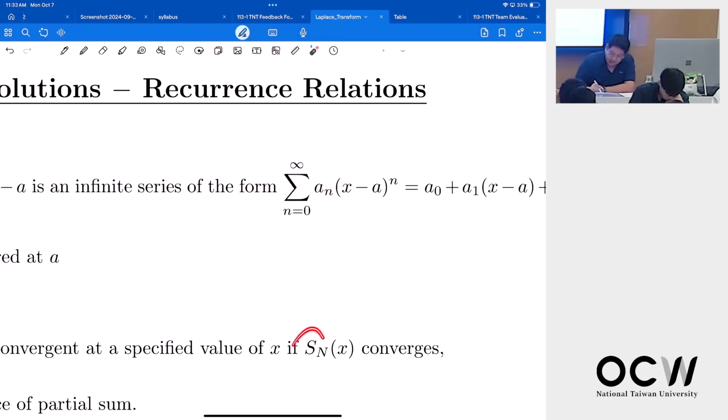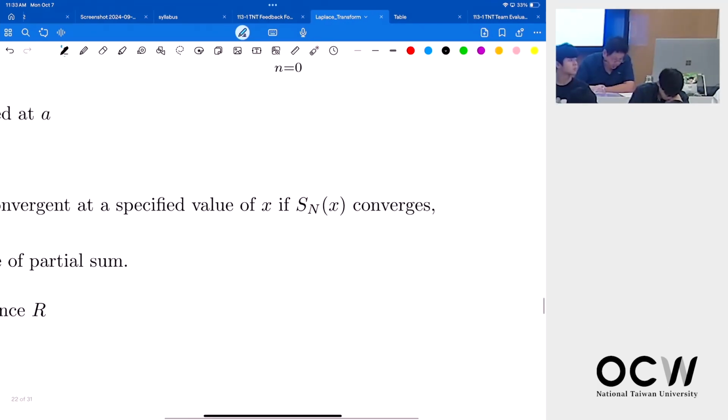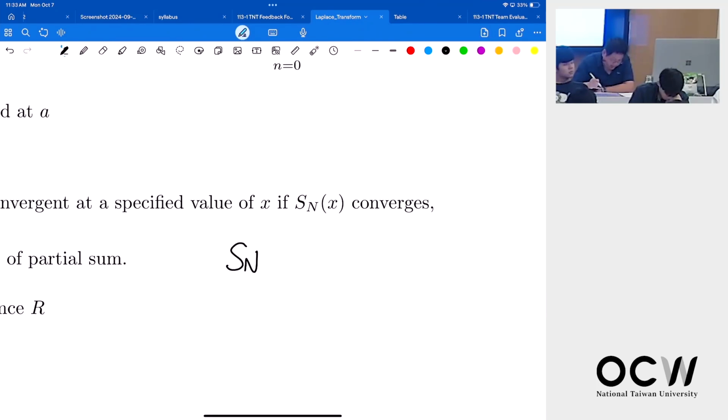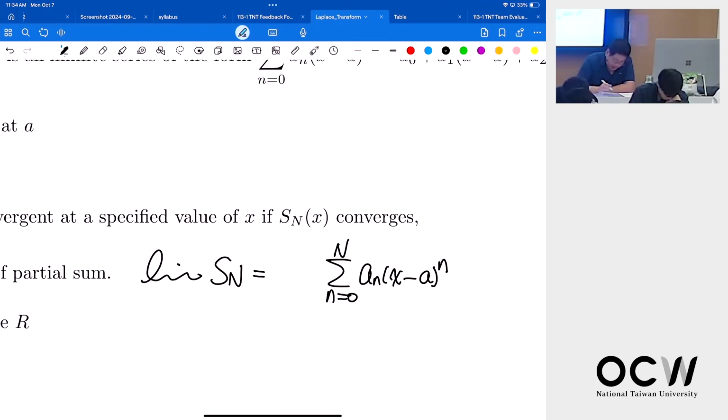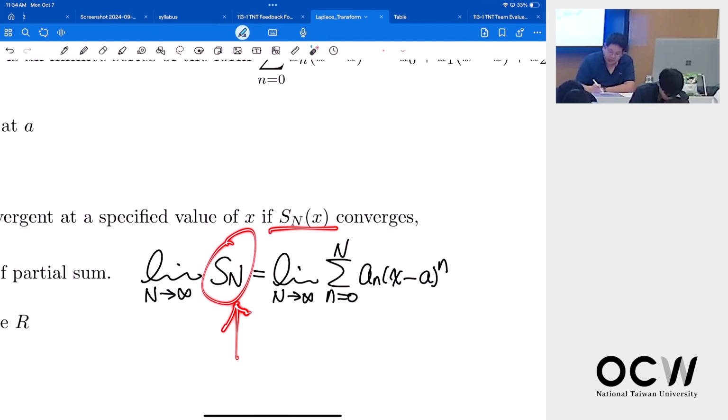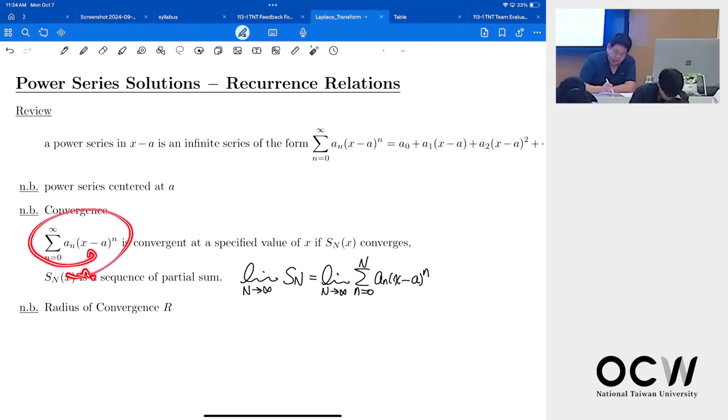But for the Sn, we have the summation n from 0 to capital N, not infinity. Okay. And then with that, the capital N goes to infinity. So if this finite summation or partial sum converges, then our power series is convergent.